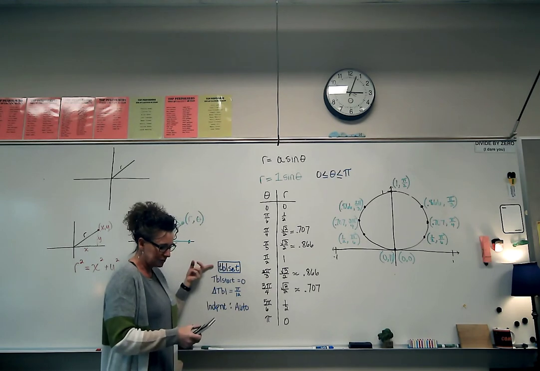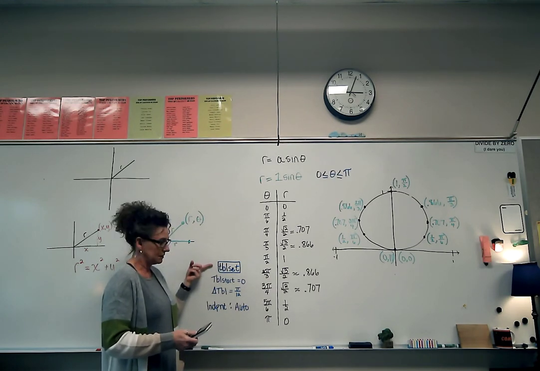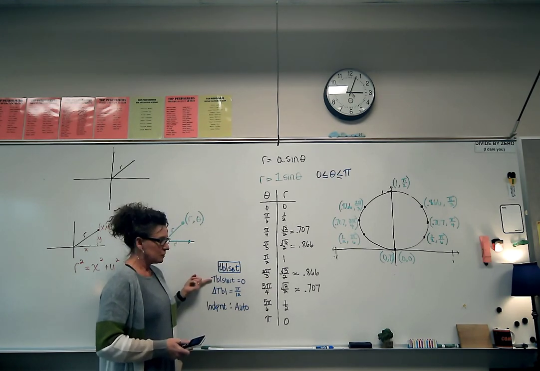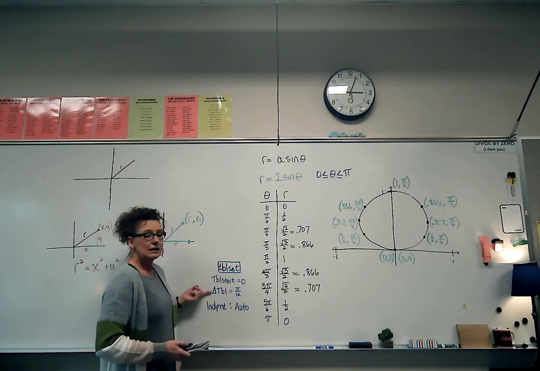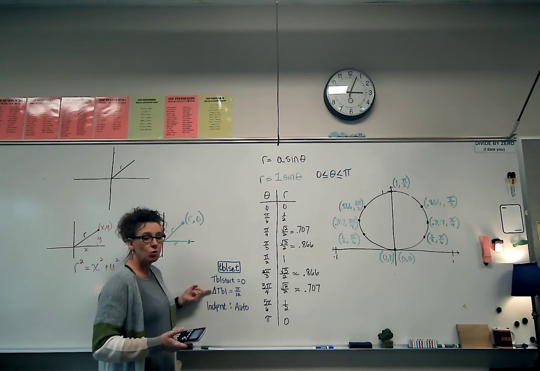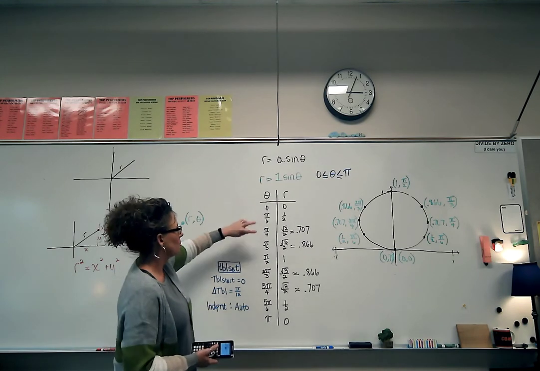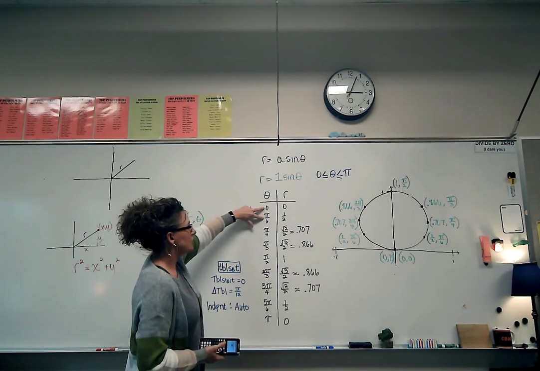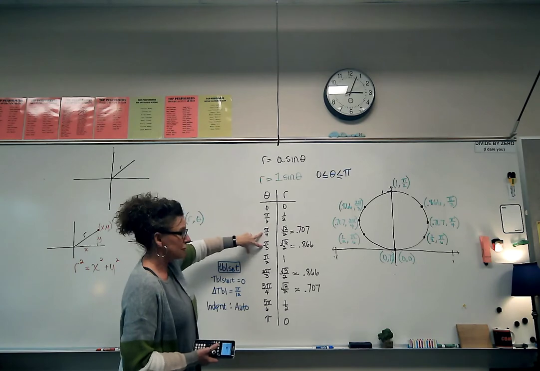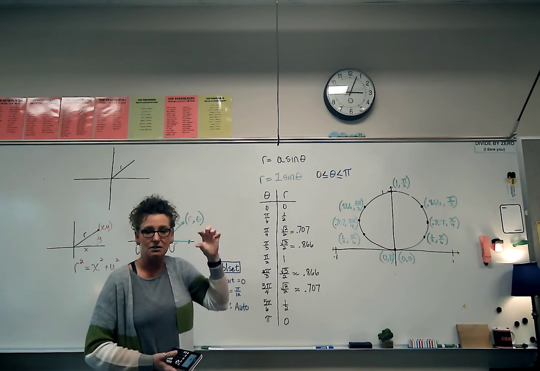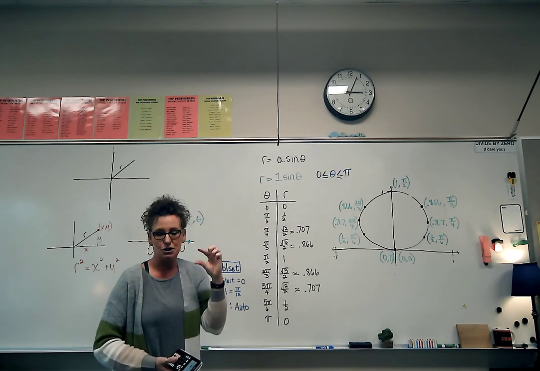You're going to go to table set. I want you to start your table at 0. Delta table. This is asking, what do you want to count by? This is important. From 0 to pi over 6, and pi over 6 to pi over 4, and pi over 4 to pi over 3, that is not a constant change.